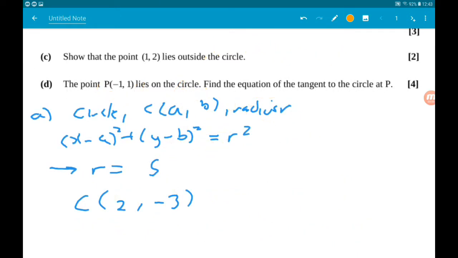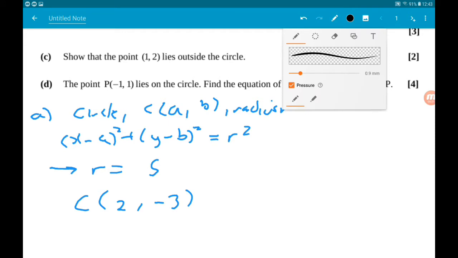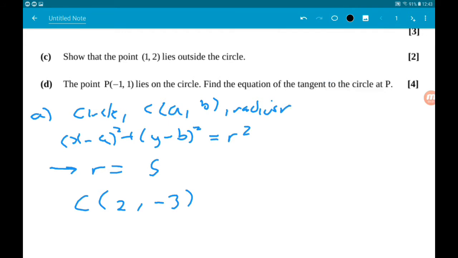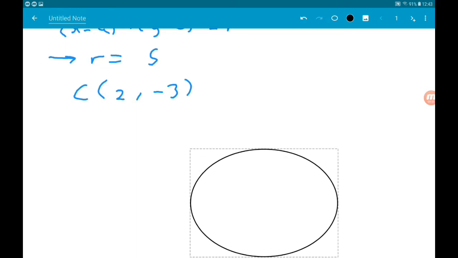Okay then, part D, final part. The point P, minus 1, 1, lies on the circle. We want to find the equation of the tangent to the circle at P. Okay, let's make a sketch. So, there's our circle.